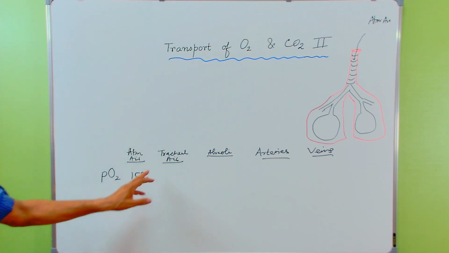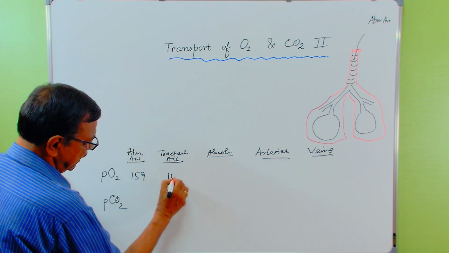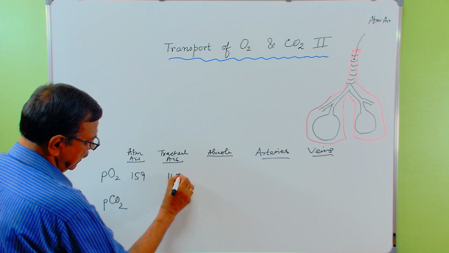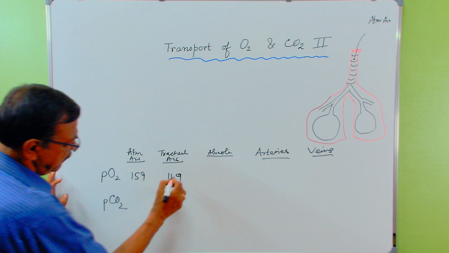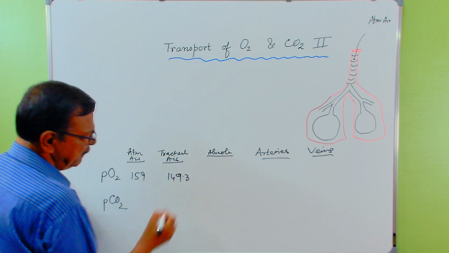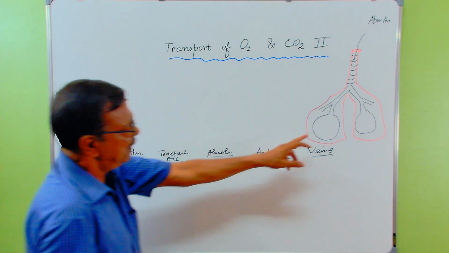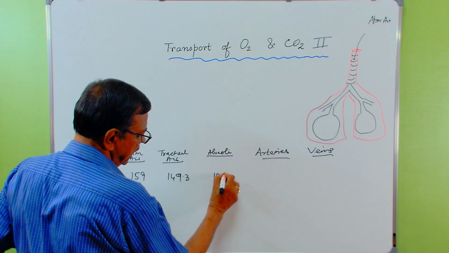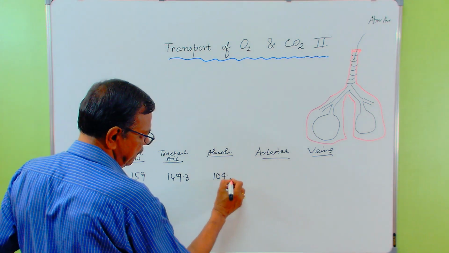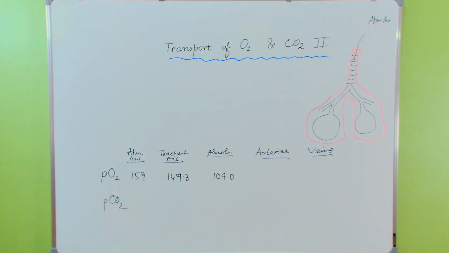Then whenever it comes to trachea, it comes down to 149.3 millimeter of Hg. Then in alveoli, the partial pressure comes down to 104 millimeter of mercury.